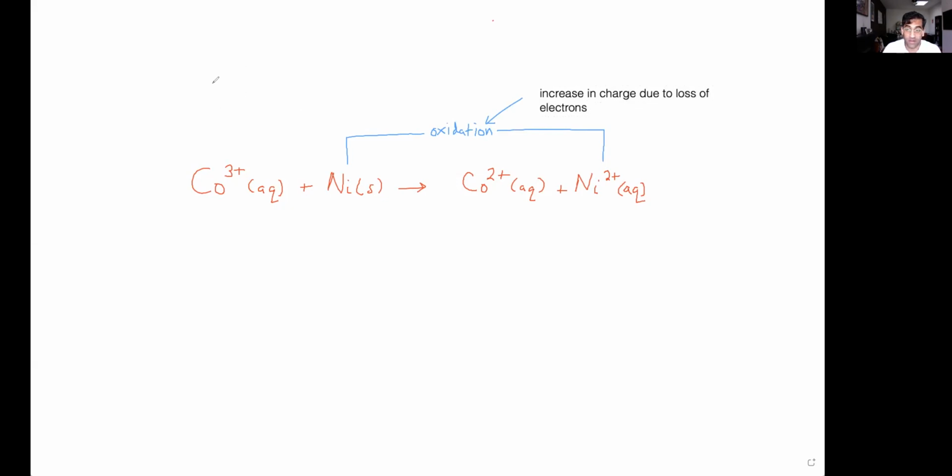Hopefully this makes it obvious that when I say reduction, I'm talking about a lowering in charge or a reduction in charge. It's a good way to remember it. It's in the name. And then it happens through the gaining of electrons, all right?